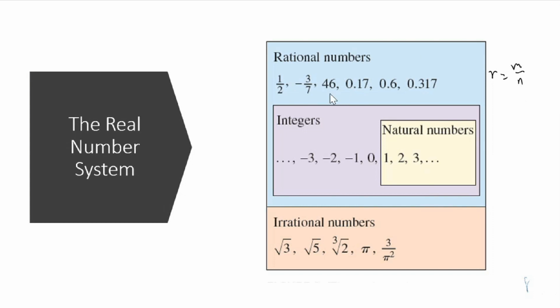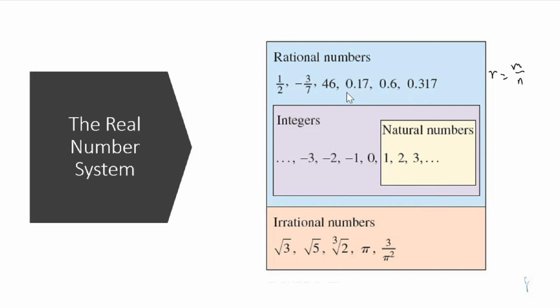The following examples of rational numbers can be expressed as 1/2, -3/7, 46, 0.17, 0.6, and 0.317.